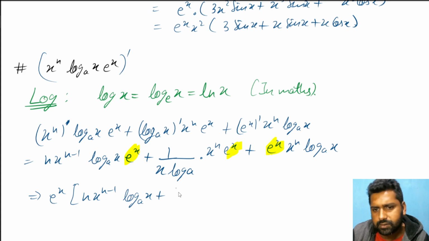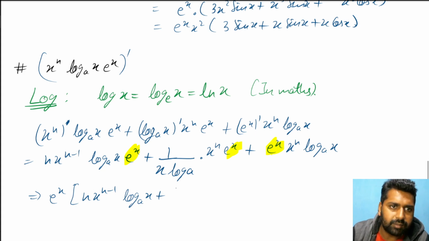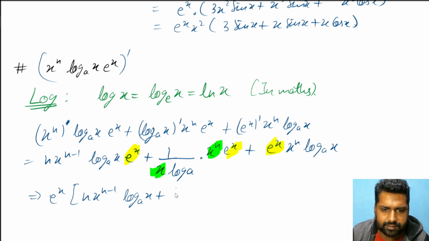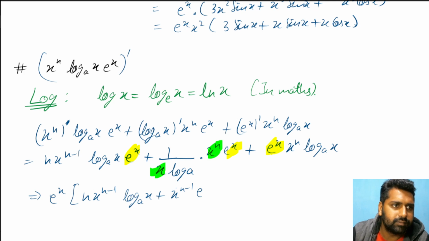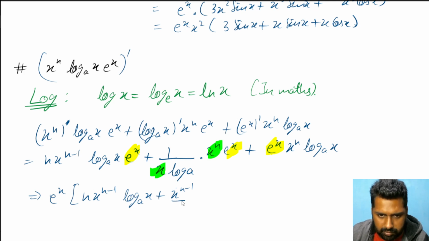plus, interestingly this can be solved, x raised to power n upon x, this becomes again x raised to power n minus 1, e raised to power x is gone, so upon log a, remember that's log a only, and remember last term is x raised to power n log base a x.